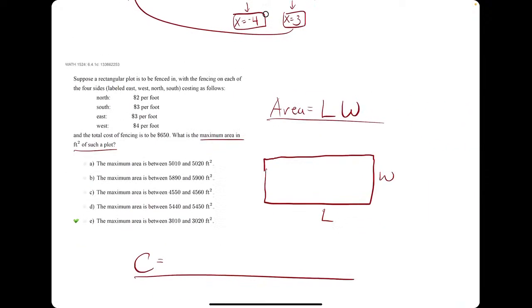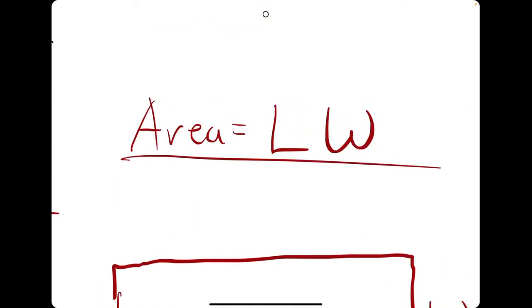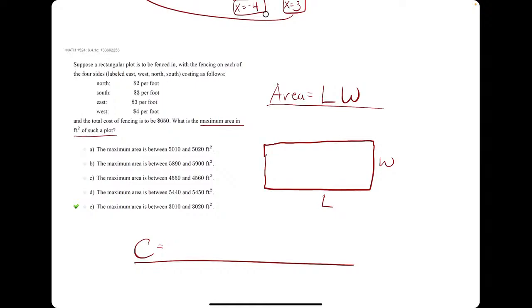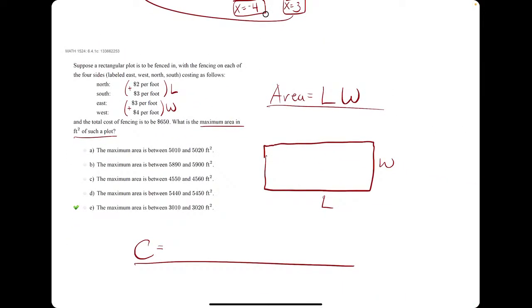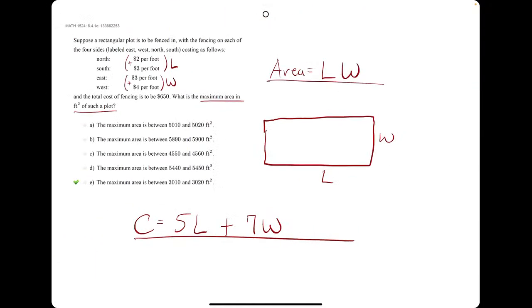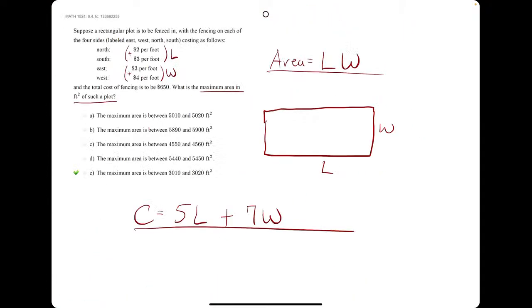We set up the area equation, which is always length times width, and then the cost equation, which comes from adding these two values and multiplying by L, and then these two values, multiplying by W. 2 plus 3 is 5 times L, plus 3 plus 4 is 7 times W. This is the shortcut of constructing the cost equation for this rectangular plot.